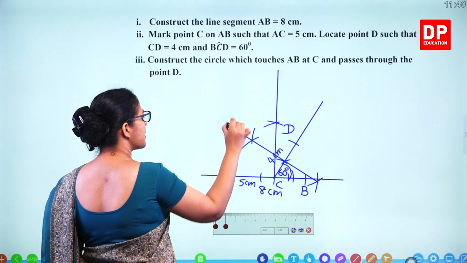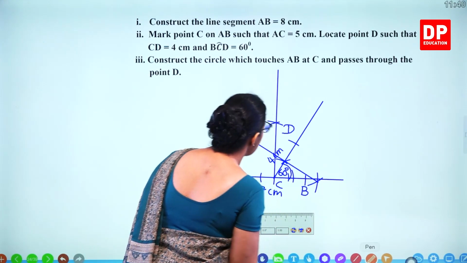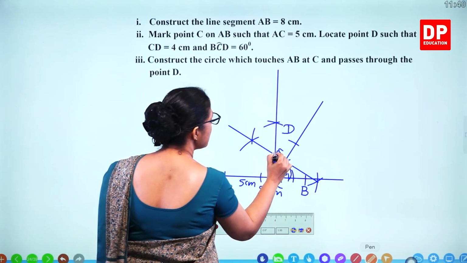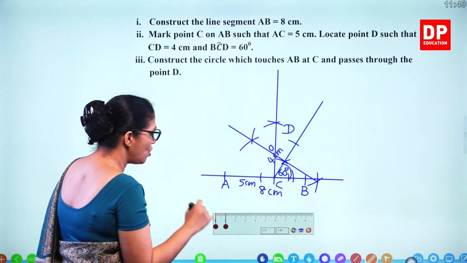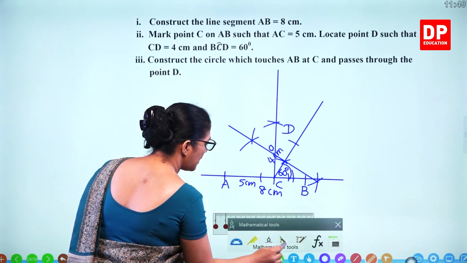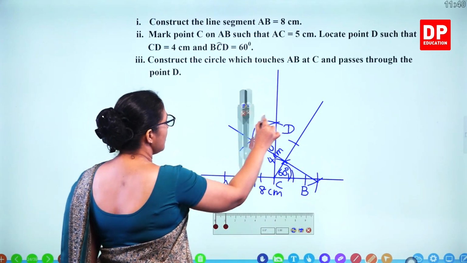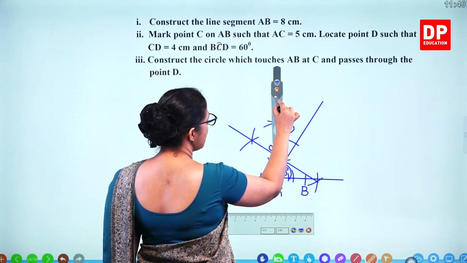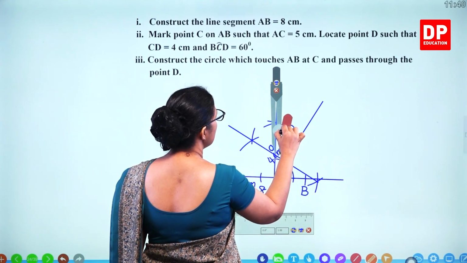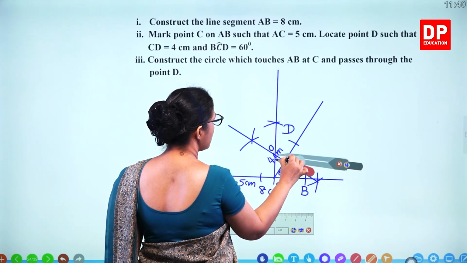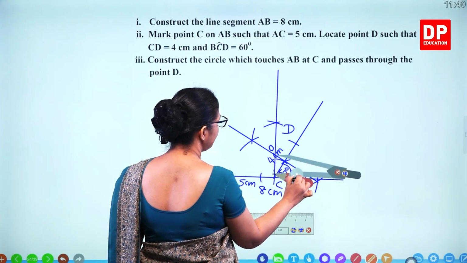Now find the intersecting point. The intersecting point of these two, this is the center. We'll put O as the center. Now we have to draw the circle. So this is the center, and you take OC as the radius.